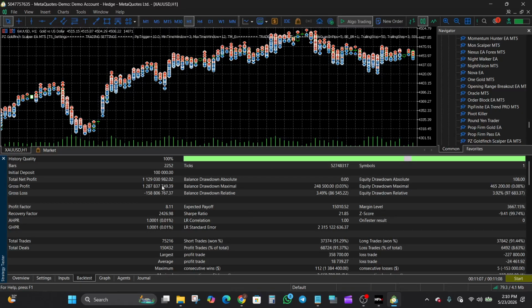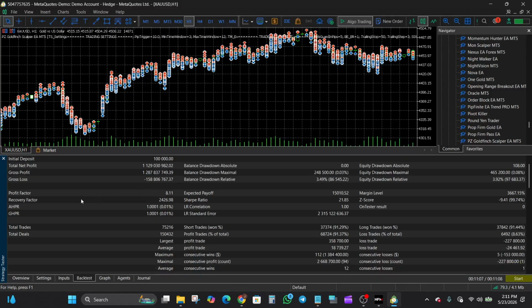Okay, this is quite interesting. We can see that the initial deposit is $100,000 and the total net profit is 1,129,030,982.02 dollars.